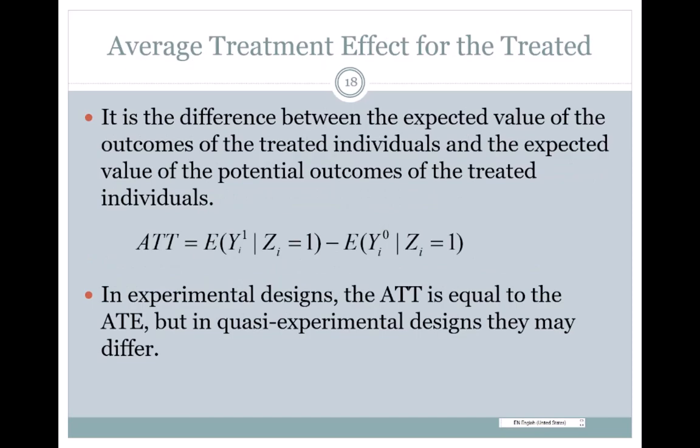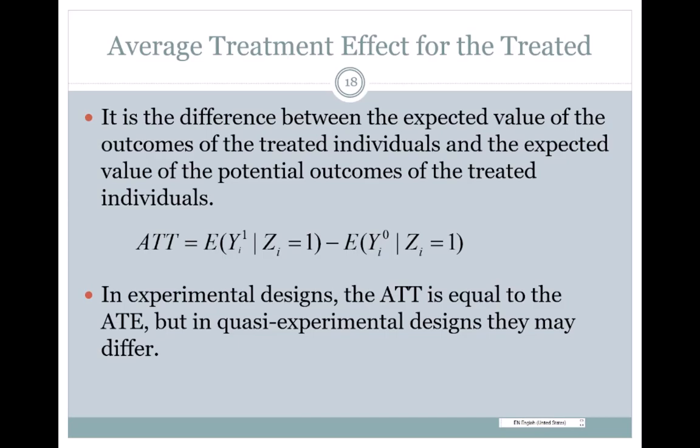So the average treatment effect for the treated is another estimate you can obtain from a quasi-experimental design. Now, it's different than the average treatment effect because it only generalizes to the treatment group. So it's the difference between the expected value of the treated outcome for those that are treated and the expected value of the untreated outcome for those that are treated.